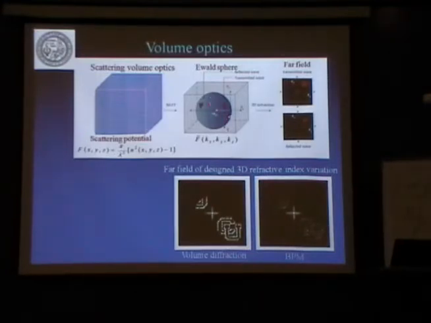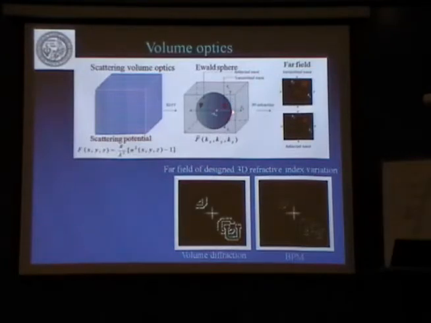Then, if you look in this domain at the sphere of radius 2 pi over lambda, that's called the Ewald sphere. This sphere has radius 2 pi over lambda, and is centered at a distance 2 pi over lambda from the origin.